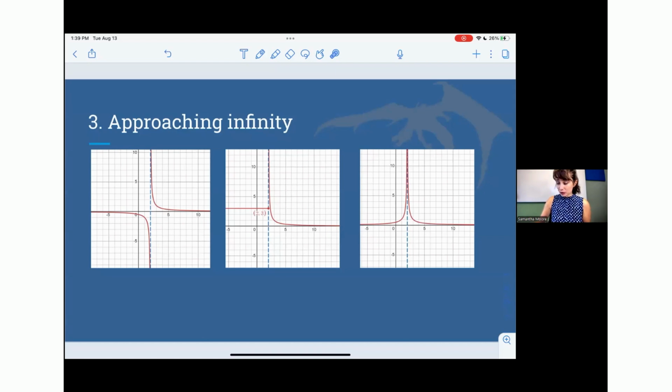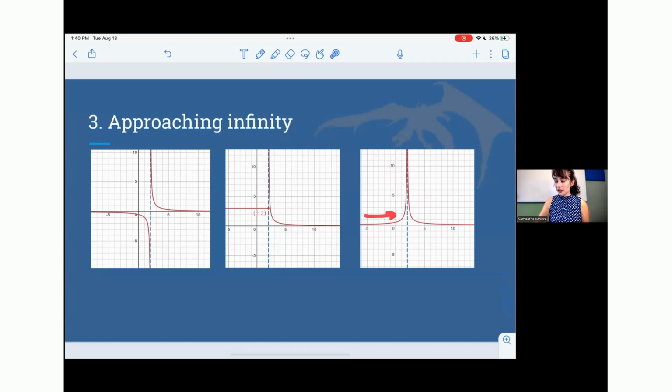Similarly, in this problem, if I approach x equals 2 from the right, then my y values are going off to positive infinity. But if I approach x equals 2 from the left, my y values are all 3. Those don't match, so the limit does not exist. In this function, though, as I approach x equals 2 from the right, my y values go off to positive infinity.